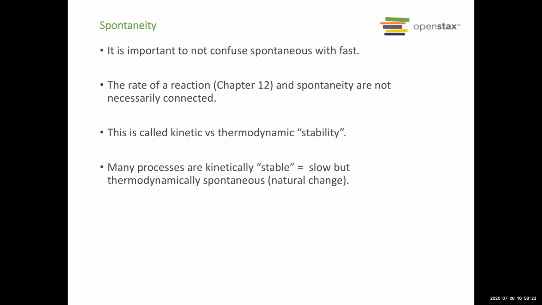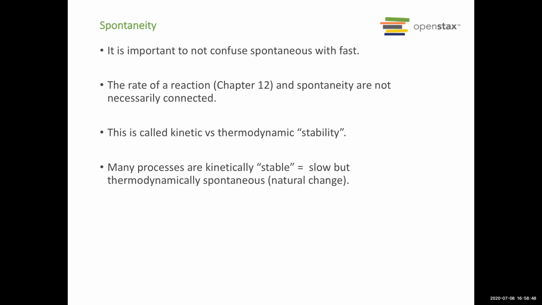Many processes are kinetically slow, which we'd call stable. Slow would be stable, and have the appearance of being stable. So I just want to clarify some terms, just to note that stability equates with being non-spontaneous.